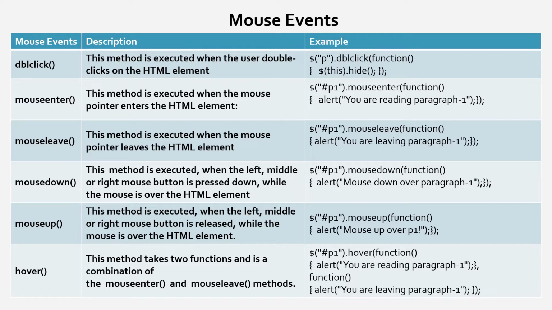You need to replace this code in the previous program, and that will work. The moment you leave the mouse from that paragraph, you will get an alert. You can write it like this, or display some alert like leaving the paragraph. Just replace the same thing in the previous program.